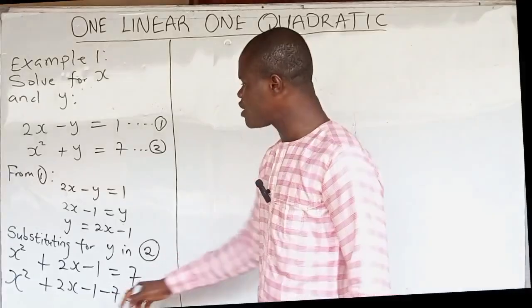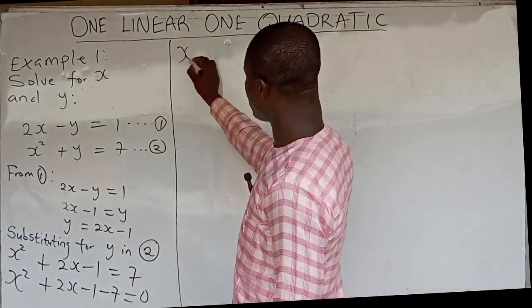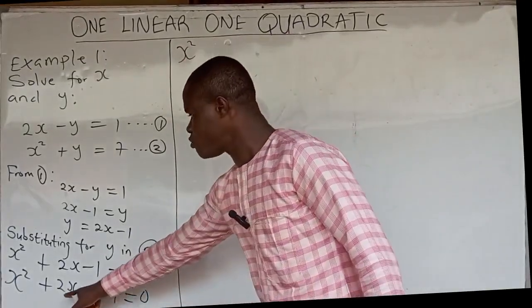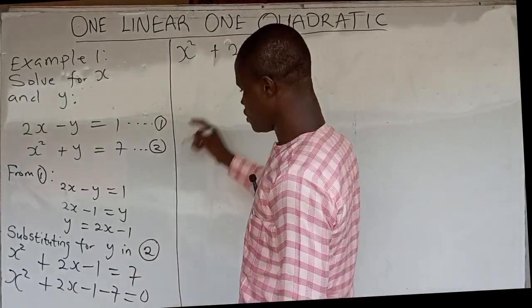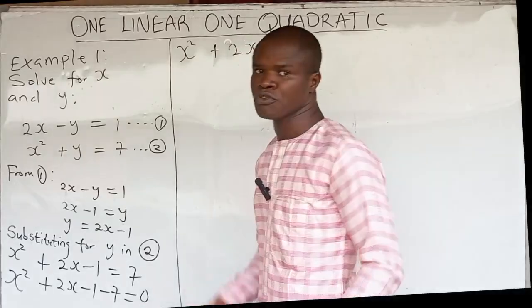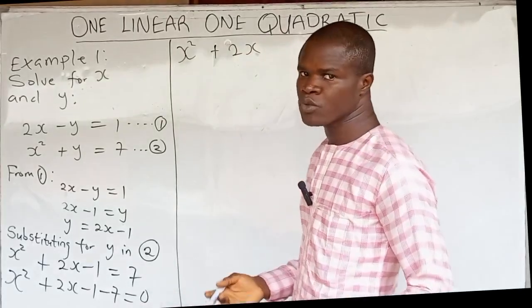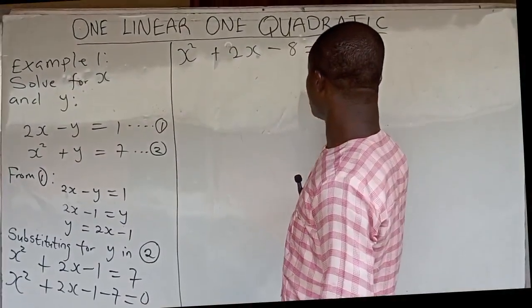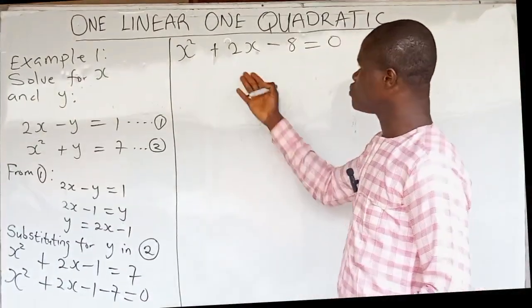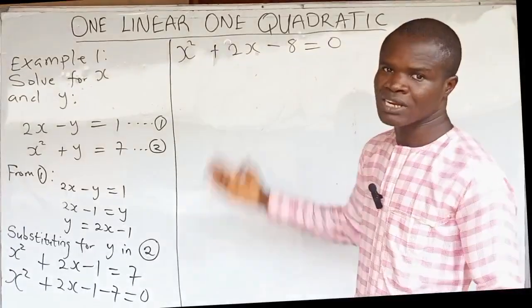So simplifying what we have, x squared, this is plus 2x. This is minus 1 minus 7, which will give us minus 8, equal to 0. So this is a typical quadratic equation.